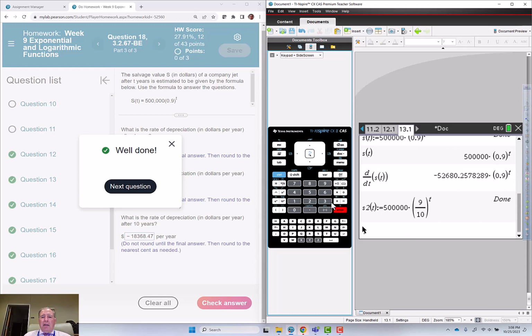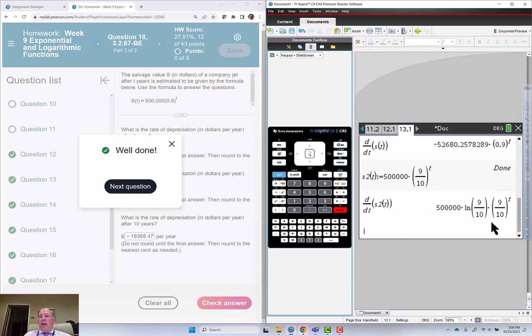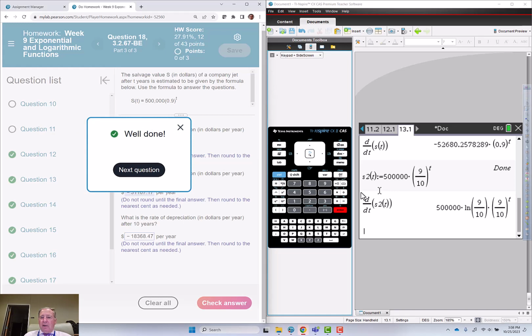So it says done. Now we're going to take the derivative of S2 at t. And here we get what we were looking for. 500,000 times the natural log of 9/10 times 9/10 to the t power. And we'll evaluate that for t equals 10 and see if we get the same answer.